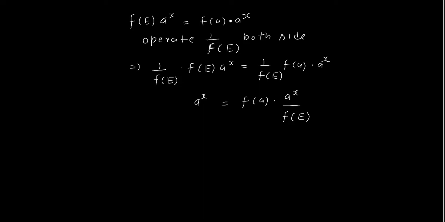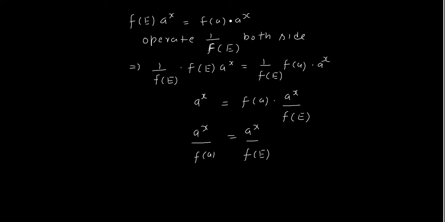So if we simplify this one, then this becomes a to power x upon f of a. If f of a was on the left hand side, then a to power x upon f of a equal a to power x upon f of a. This one is the required result.